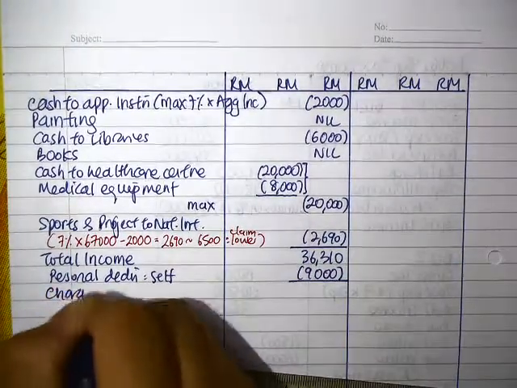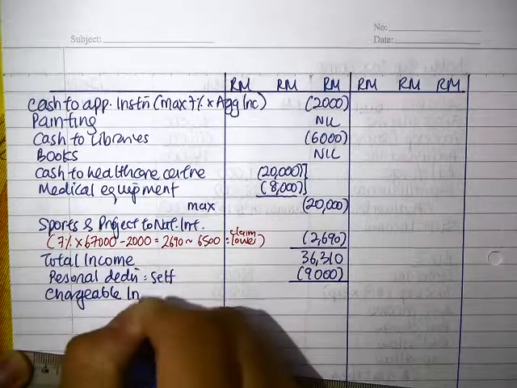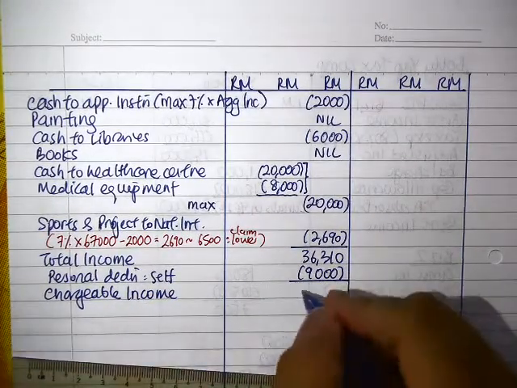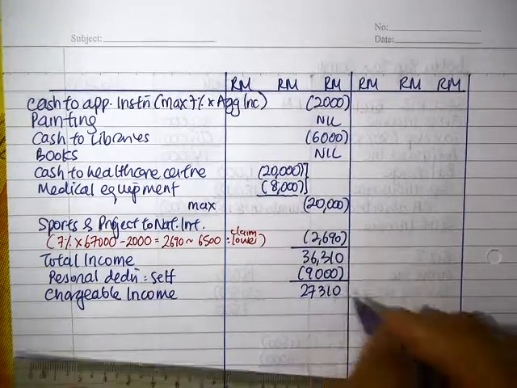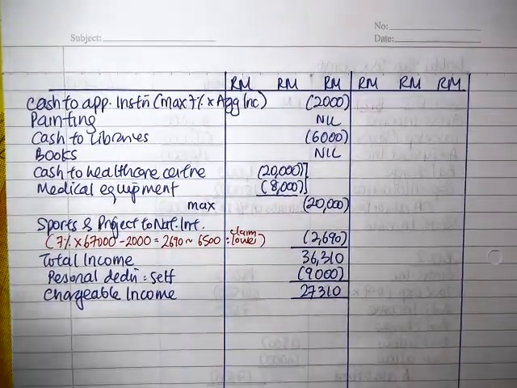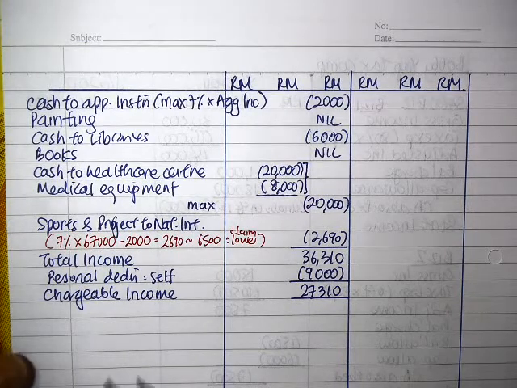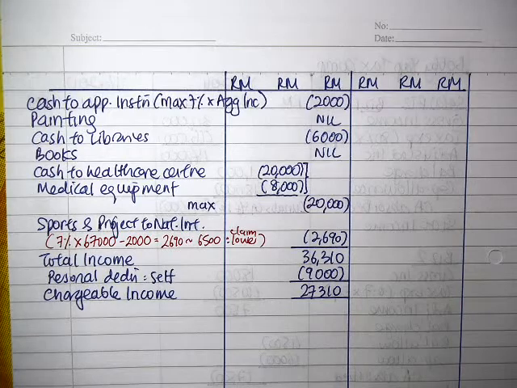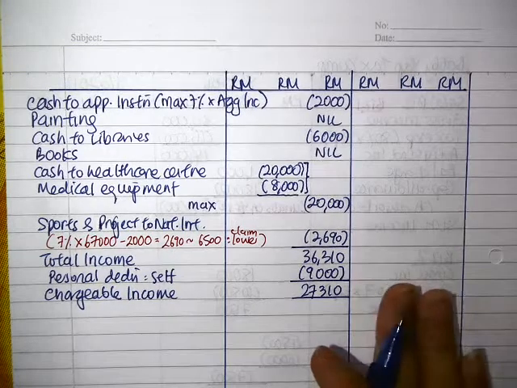Right, that's my chargeable income, 27,310. Alright, we're going to work out the tax later on once we finish off my second year.